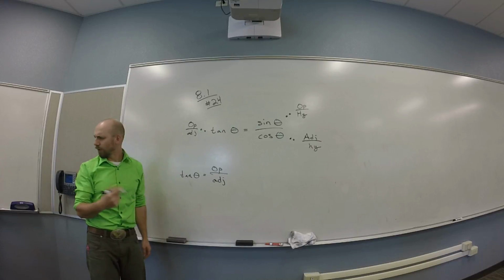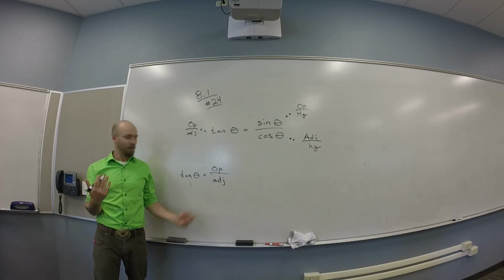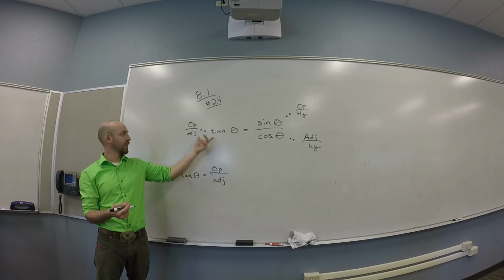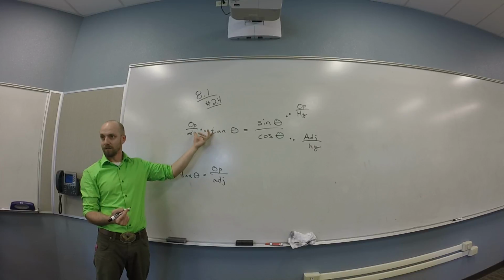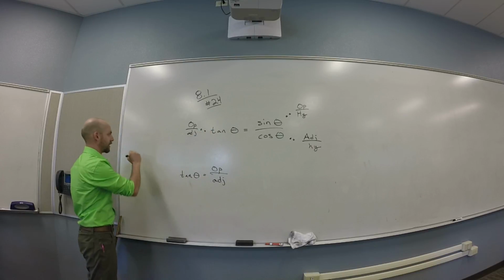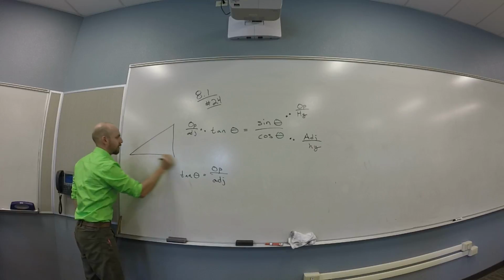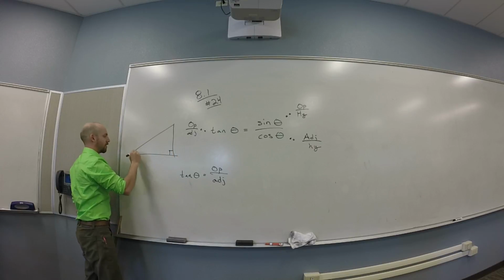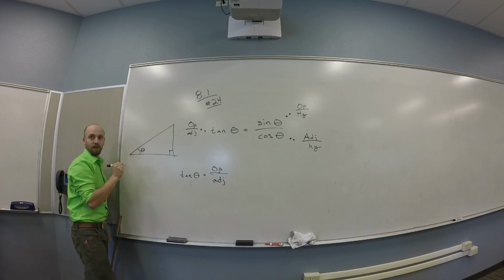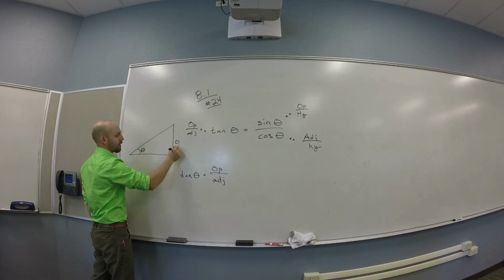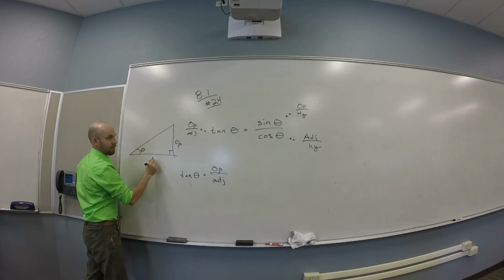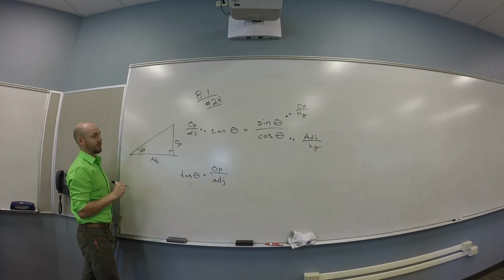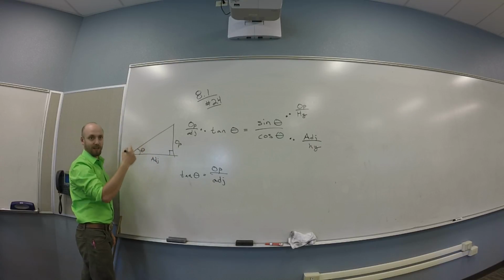And maybe I should have a picture in the back of my mind so I can say equals instead of think, right? So the picture I'm thinking of is a right triangle, where I've got an angle theta, and I've got three sides. I'm calling them opposite, adjacent, and hypotenuse, with various spellings, right?